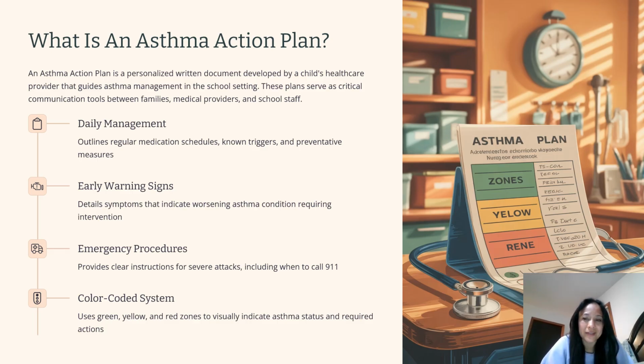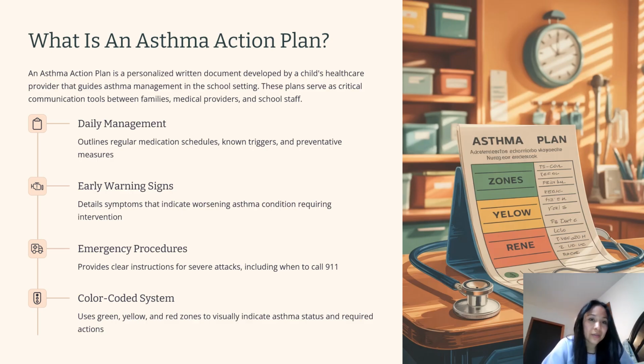It's provided by the child's doctor. These plans serve as critical communication tools between doctors, school staff, and family members. That way, everyone is on the same page to provide help to the student and make sure that the student gets good care everywhere, including school.